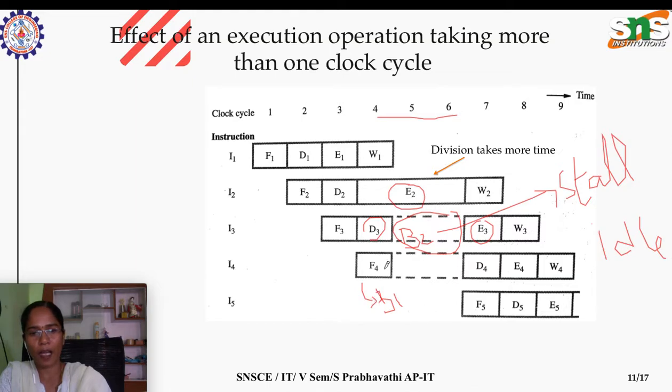And at clock cycle 5 I5 cannot fetch. Why can it not fetch? Because B1 is not yet free, is it not? I4 is not yet executed, so it will wait. I5 cannot fetch the instruction at clock cycle 5.